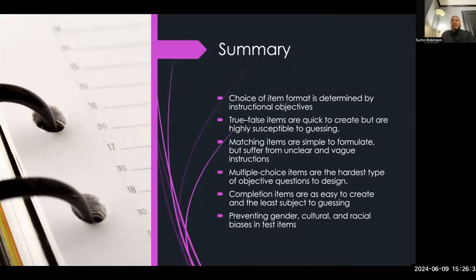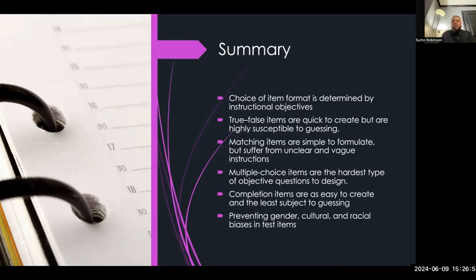We also talked about matching items being simple to formulate, but also suffering from unclear and vague instructions, as Wendy talked about earlier. Multiple choice items are the hardest type of objectives to design, but there are multiple different types that we can create.